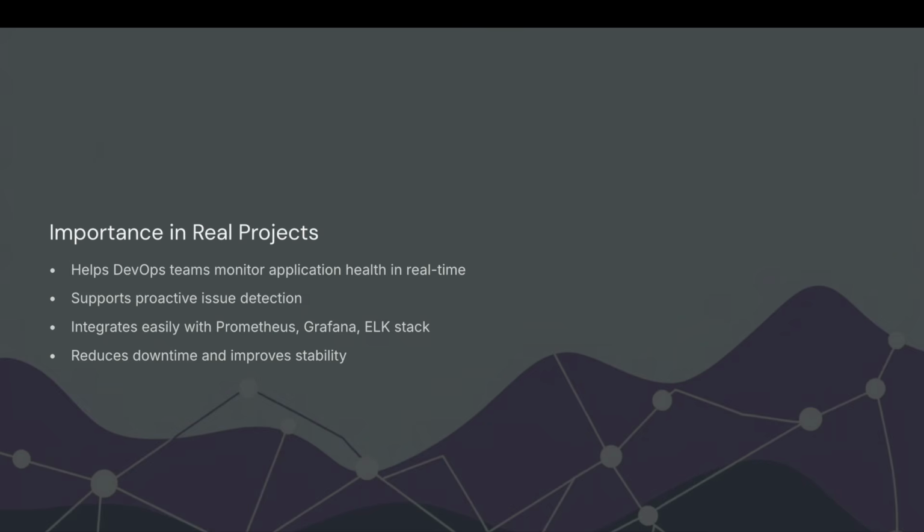If there is any issue with the configuration and other things, you can get it quickly with the help of these Actuator endpoints. It can integrate with some third party applications like Prometheus, Grafana, ELK stack, where you can create a dashboard to look into the performance or any data related to your project.